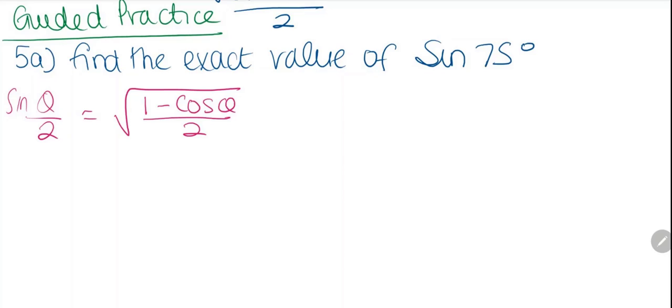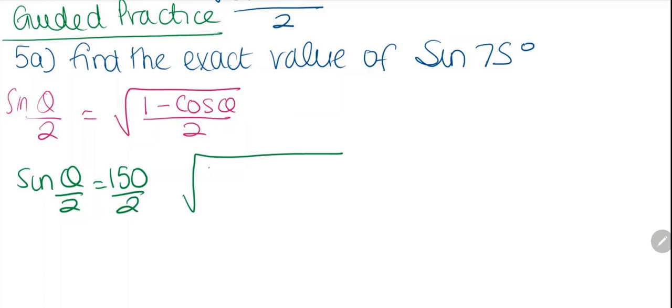So we need to write 75 in this format. So this is going to be 150 divided by 2. So we have 1 minus cosine of 150 divided by 2.